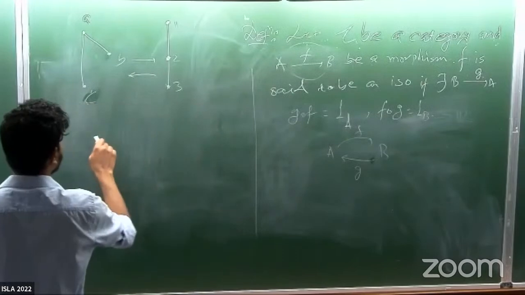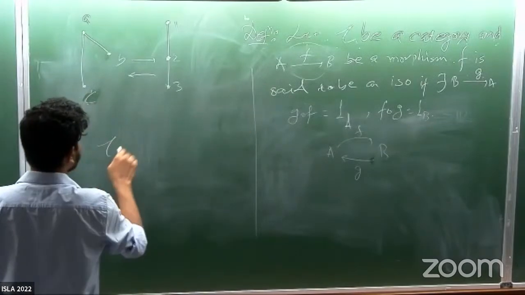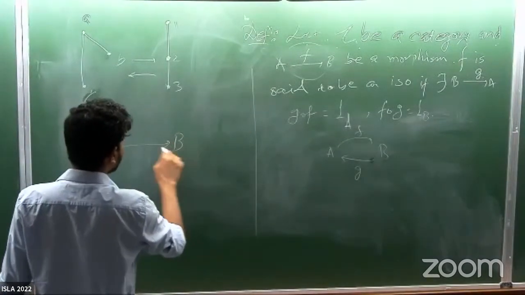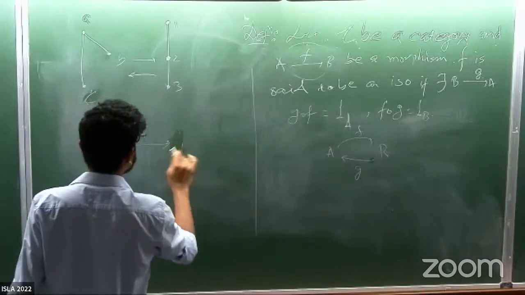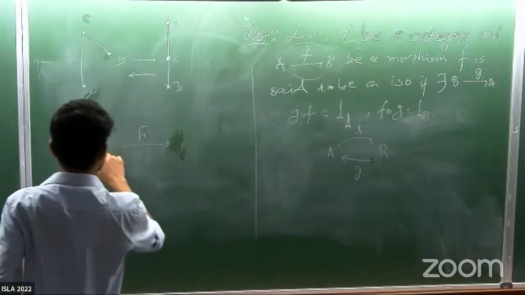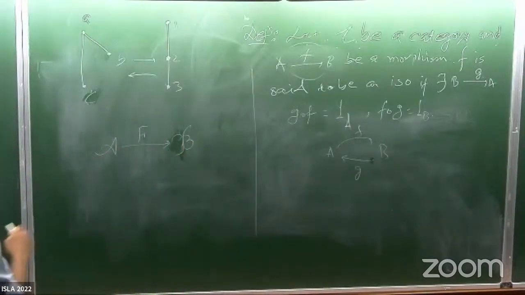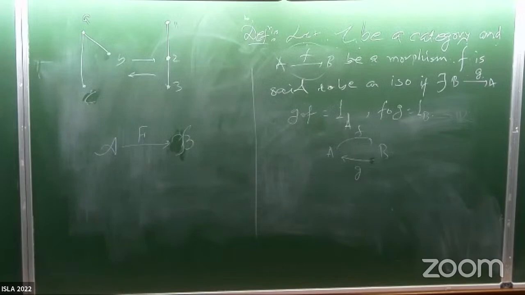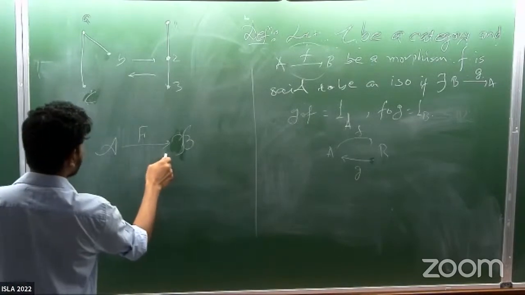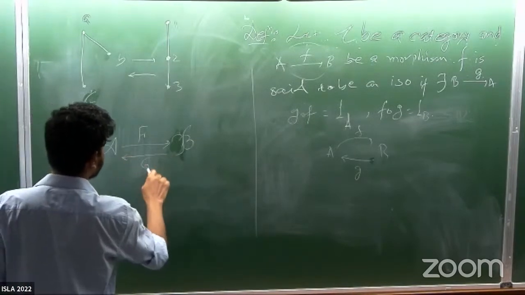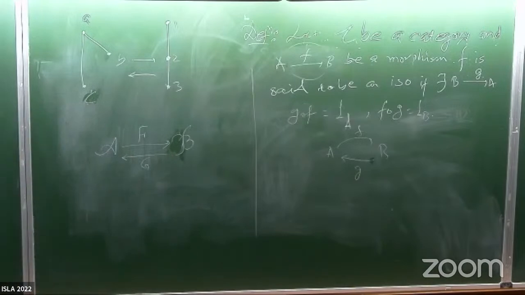Instead of putting objects here, let me put categories and a functor. Let's say A and B for that matter, be two categories and F a functor. We would call F an isomorphism if you have a functor in the reverse direction, such that G compose F and F compose G both become identity.